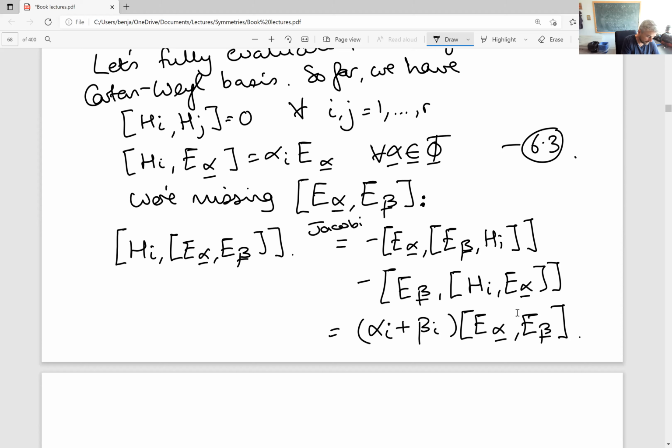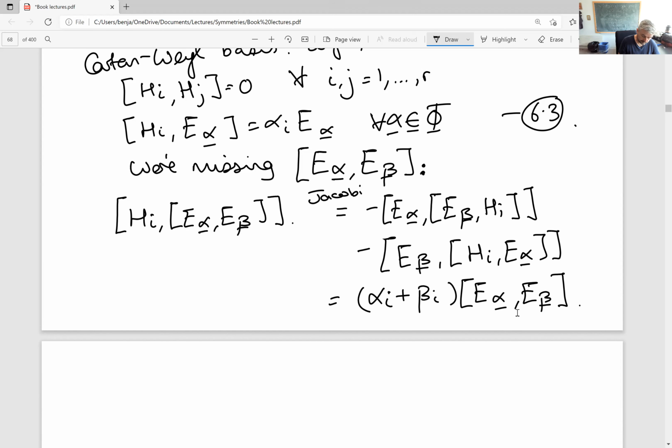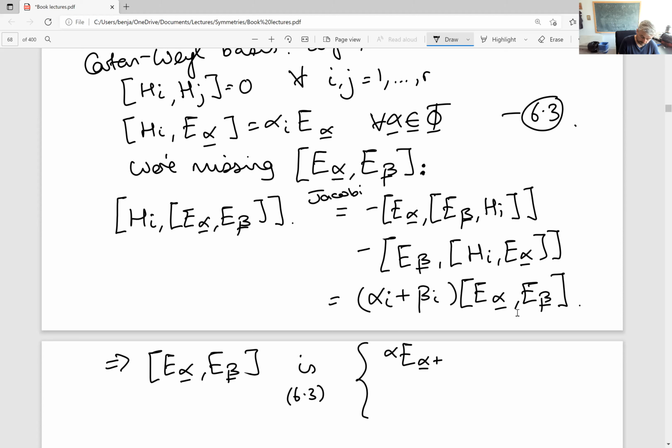Now, if alpha plus beta is in the root set, then this comes under the auspices of 6.3. So 6.3 implies that this is proportional to E_(alpha+beta) if alpha plus beta is in the root set.